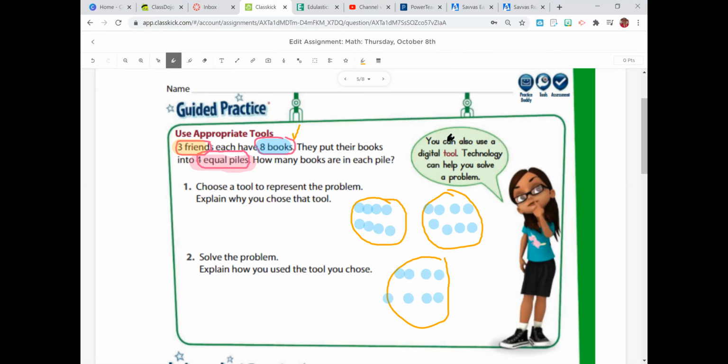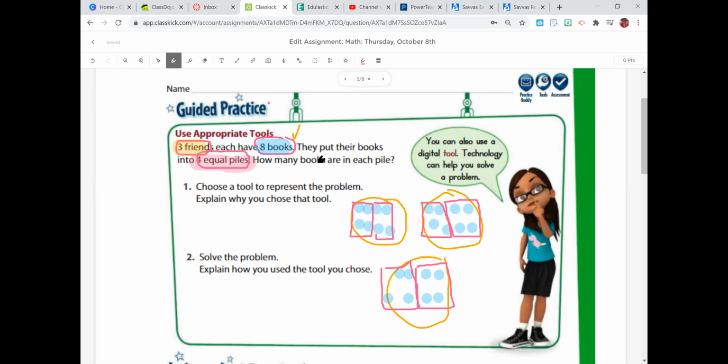They put their books into 4 equal piles. So now I have to group my total into 4. So I'm going to use my pink. And I'm going to use boxes to get groups of 4. So there's 1 group, 2 groups, 3, 4, 5, 6.